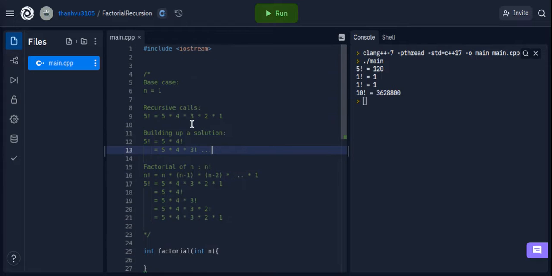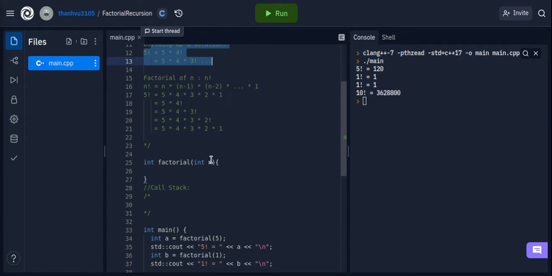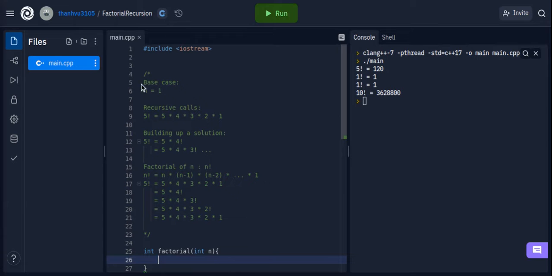This is how you determine the base case, the recursive calls, and how you build up the solution for these factorials. Let's apply this to the code.